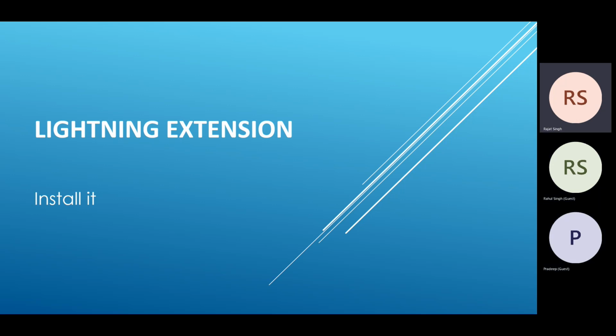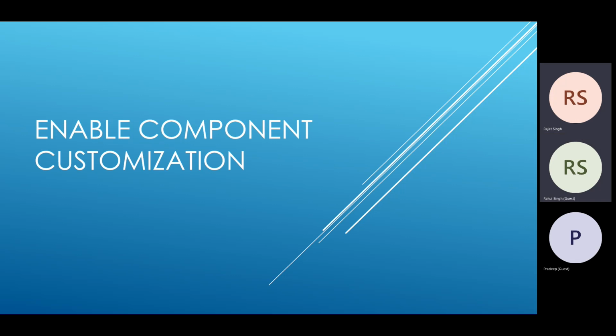It was a Chrome extension, so on the top of Chrome you have to enable it, and with that, enable component customization. When you hover on any component it gets blurred, and when you click on it, it gives you an option to flip whether you want to see it or not.